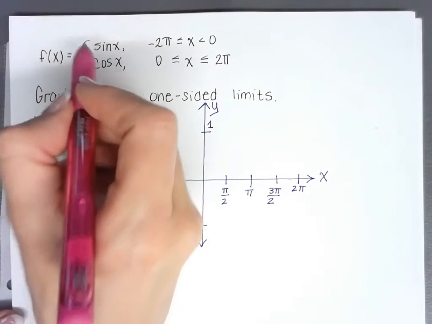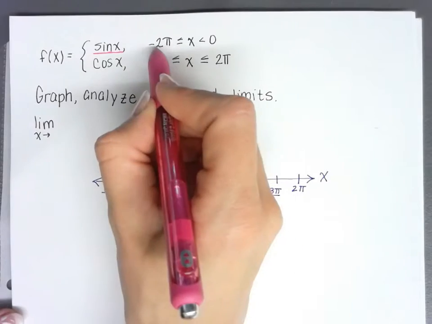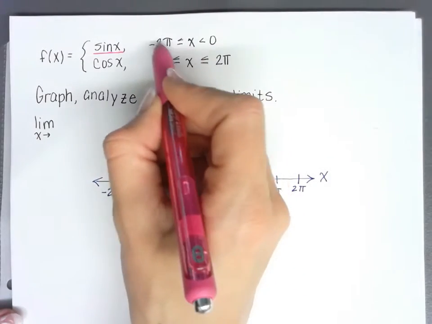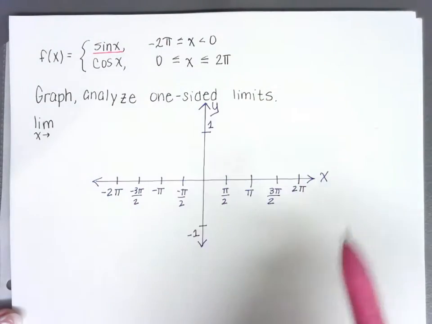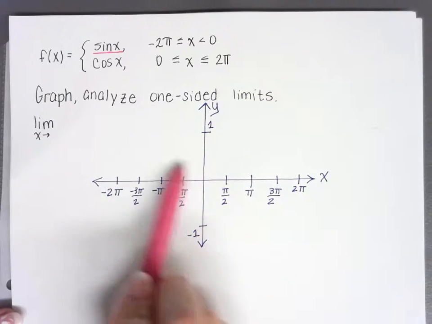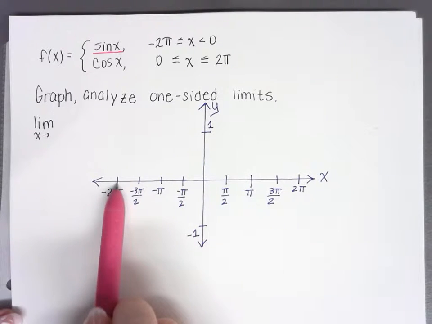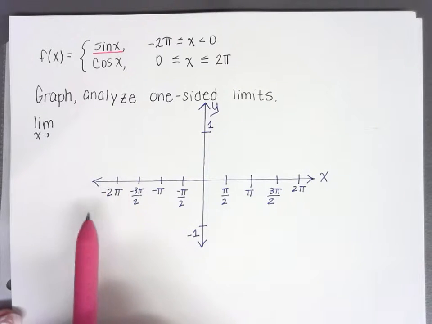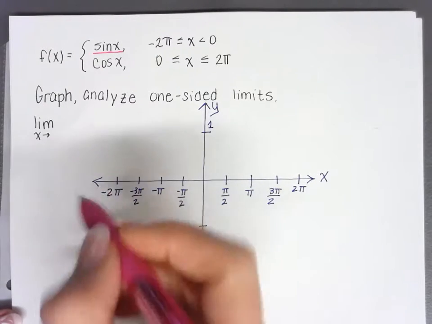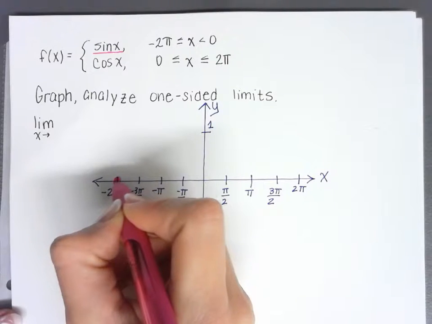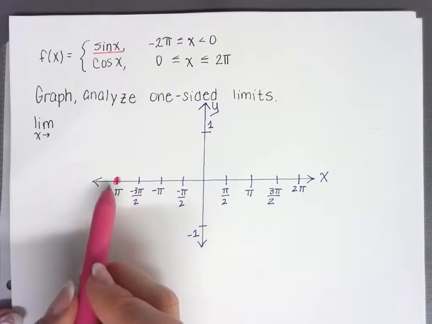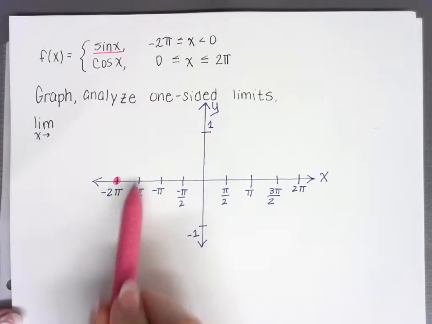Now I'm just going to color coordinate. Sine is over here, and that one is going from negative 2 pi, closed at negative 2 pi, to 0, open there. So this is where I'm drawing sine. Where should I be drawing the output value for sine at the x value of negative 2 pi? 0. Good, closed point at 0 as an output. How about here at negative 3 pi over 2?